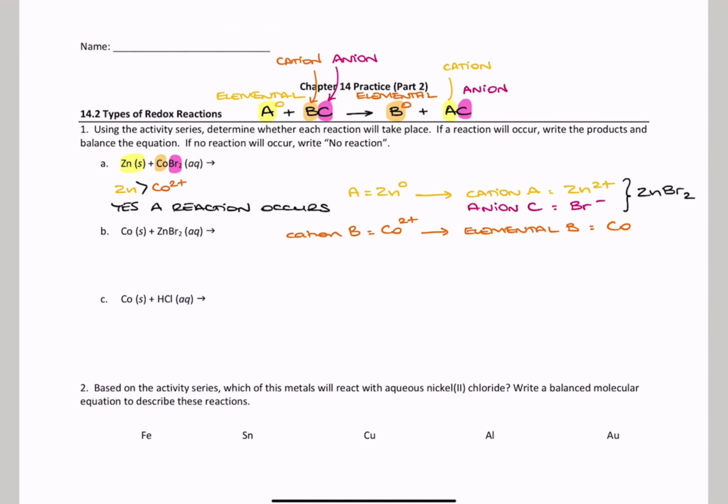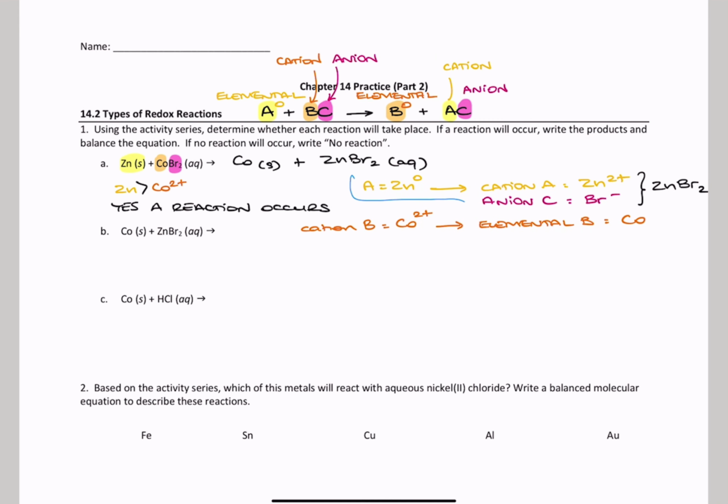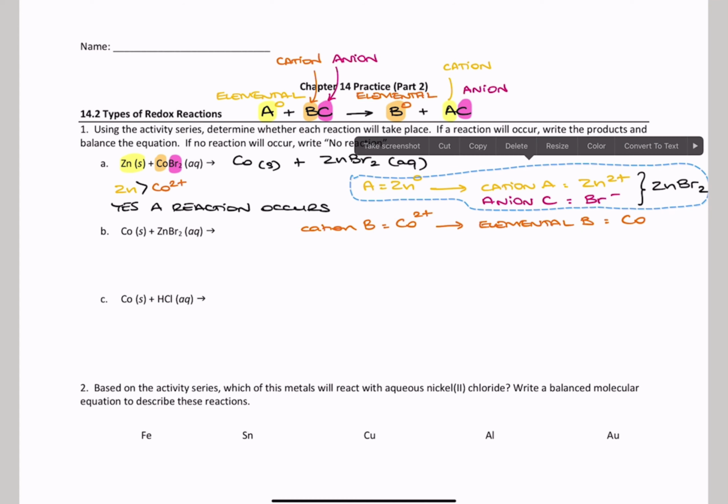Therefore, Zn solid plus cobalt 2 bromide aqueous forms elemental B, so cobalt solid, plus the ionic compound zinc bromide, ZnBr2, in a 1:2 ratio in respect to the charge. Once you have this, you need to check that the equation is balanced. And yes, it's balanced. Therefore, you did a good job. Okay, so let's move on to the next reaction.